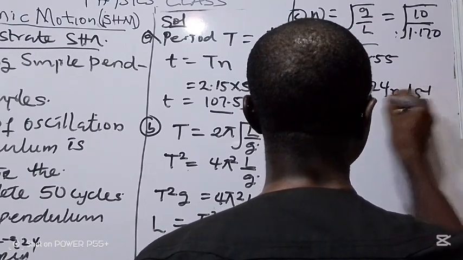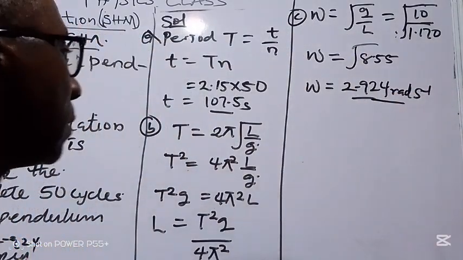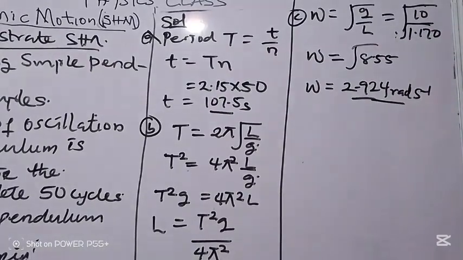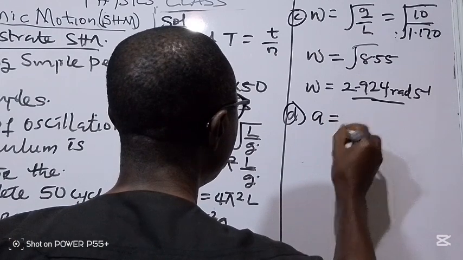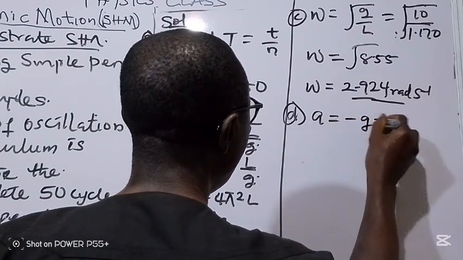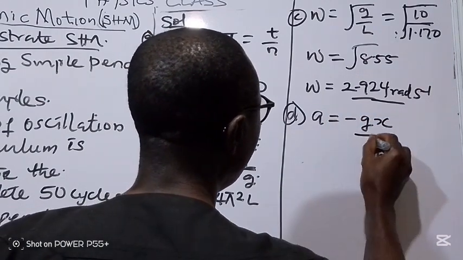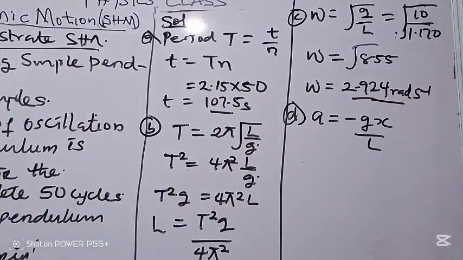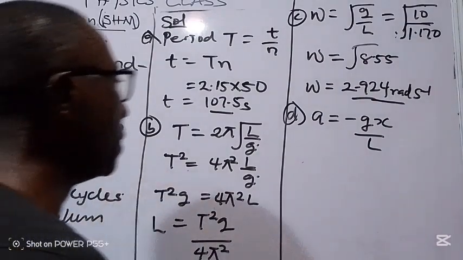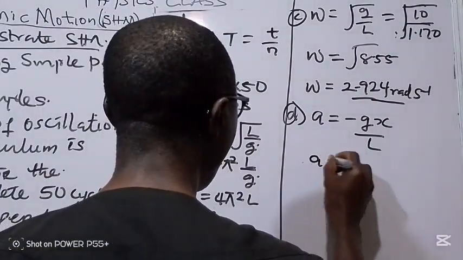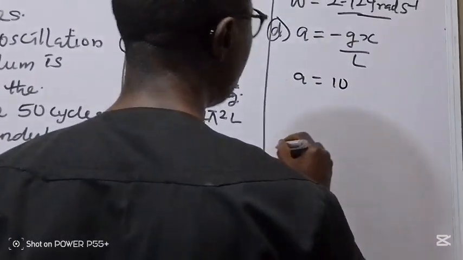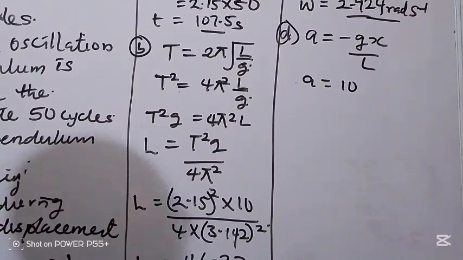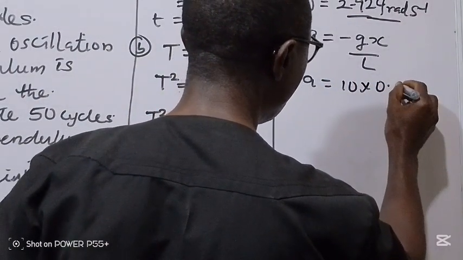The last question under it is acceleration. That is question D. A is equal to minus G S over L. And don't forget, the minus just indicates the direction, that it is toward the center of the circle. So our A will be equal to, the value of G is 10, S that is given is 0.13, then the value of L we got here is 1.170.